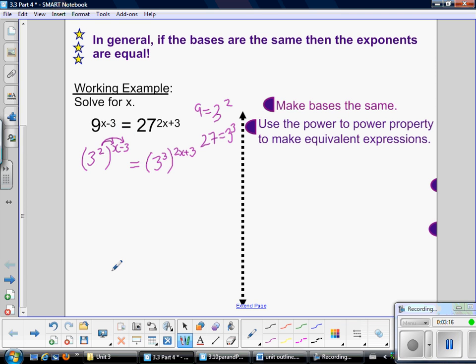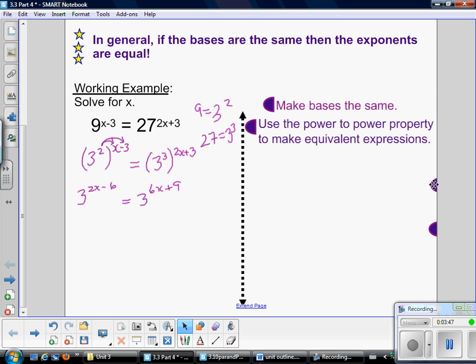So I end up with 3 to the power of 2x minus 6, and on the right-hand side, 3 to the power of 6x plus 9. Now you can see our bases are the same, and we've used the power to power property to get our exponents into the equivalent form.